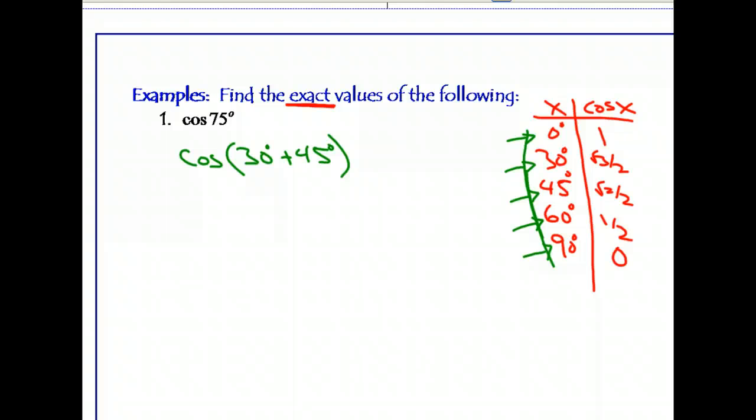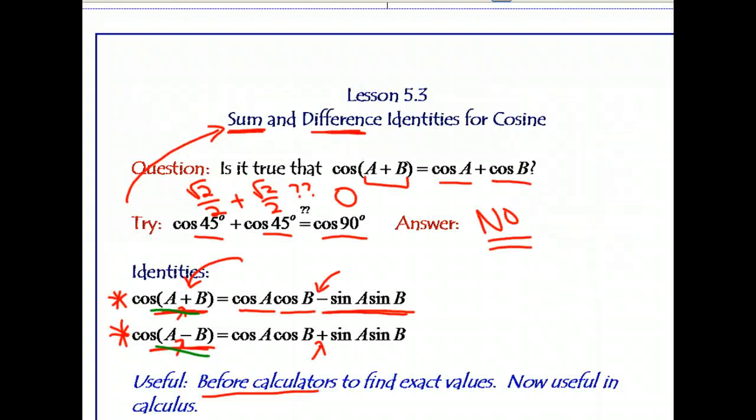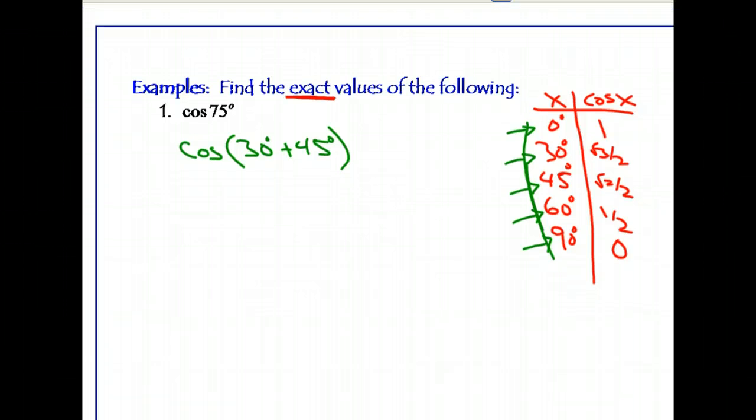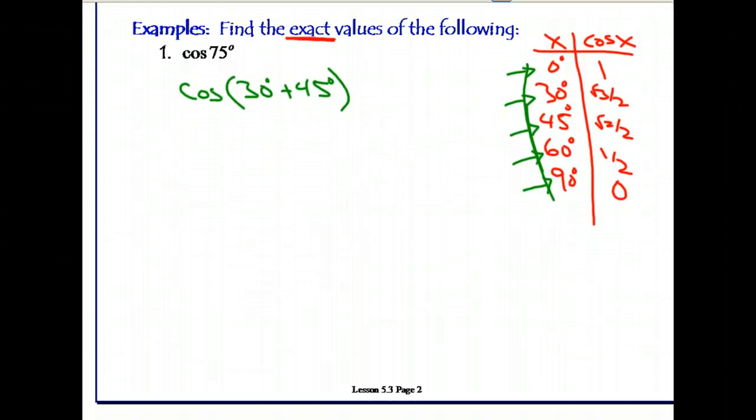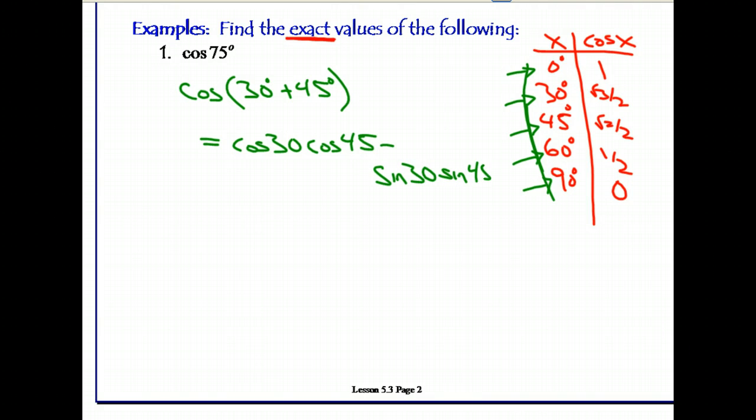That's 30 plus 45. I look back at my identity. How does it go again? Cosine of A plus B is the cosine cosine minus the sine sine. So cosine of 30 plus 45 will equal the cosine, cosine, and it goes minus the sine and the sine.